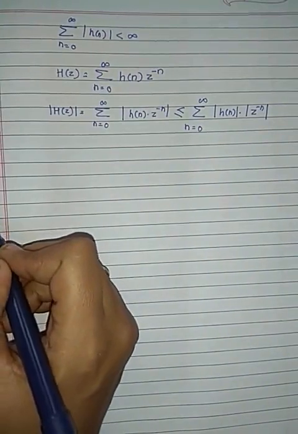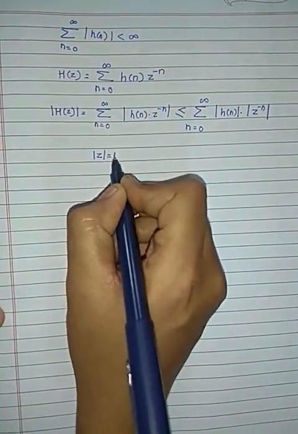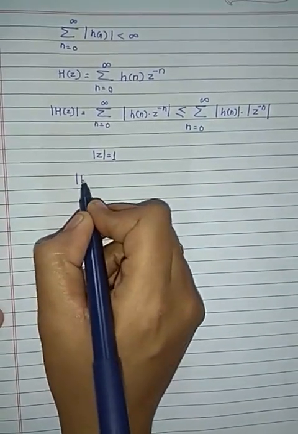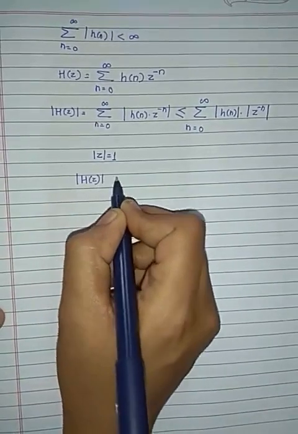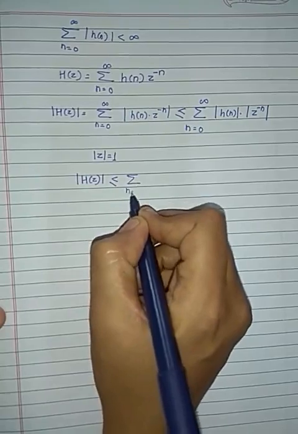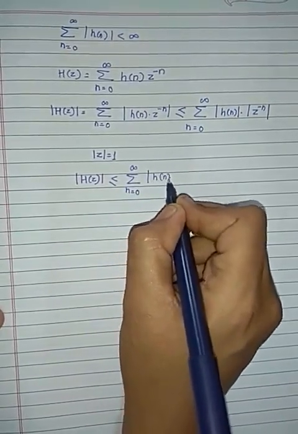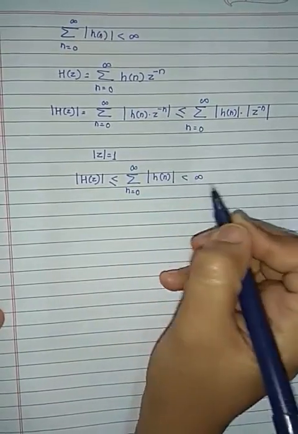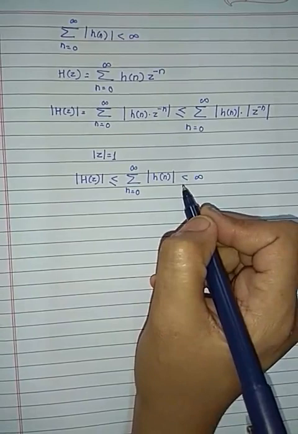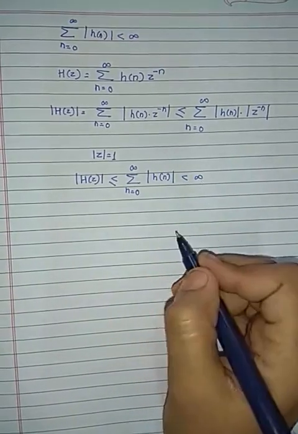So when evaluated on the unit circle, that is modulus of z equal to 1, replacing this value, we have modulus of H of z less than or equivalent to summation from n equals 0 to infinity modulus of h of n, which should be less than infinity. So for a stable system, the ROC of the system function includes the unit circle.